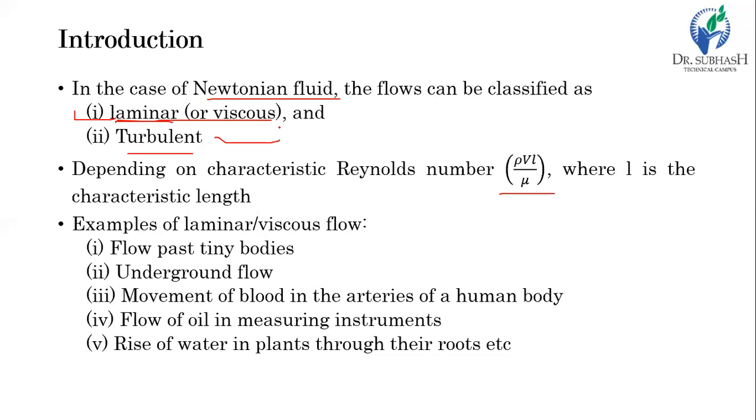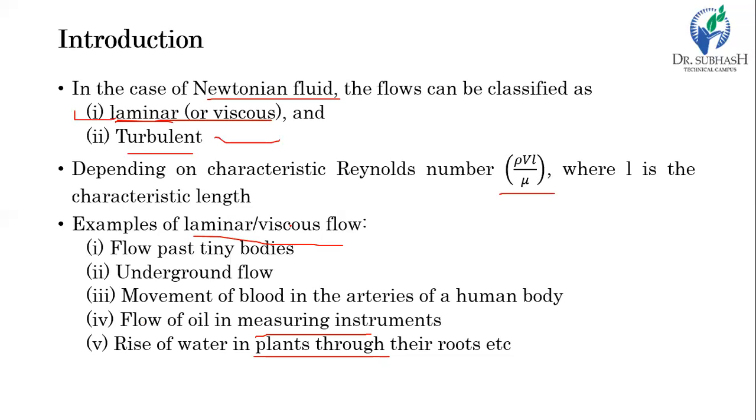Examples of laminar and viscous flow are flow past a tiny body at rest, underground flow of water, movement of blood in the arteries of the human body, flow of oil in measuring instruments, and rise of water in plants through their roots. These are all examples of laminar flow.